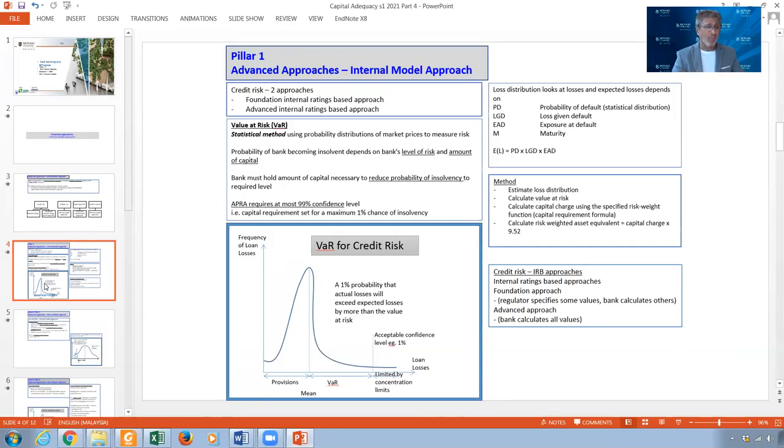Then you calculate the capital charge for all those risks, and transfer it to risk-weighted assets by multiplying by 9.52. So this model will allow you to calculate the VaR. The VaR is the capital required, or the capital charge that you have to transfer to risk-weighted assets by multiplying by 9.52.